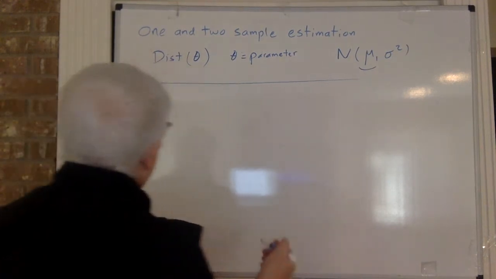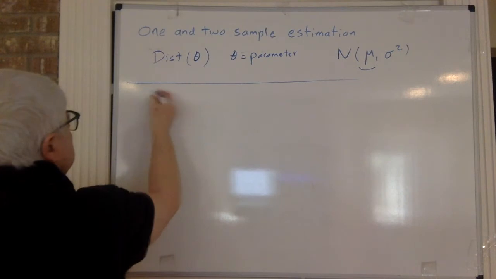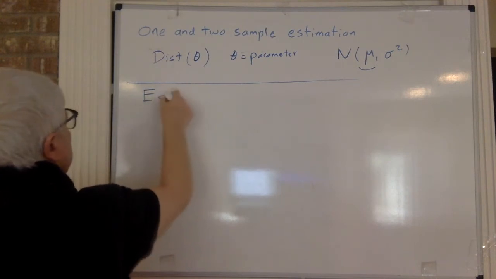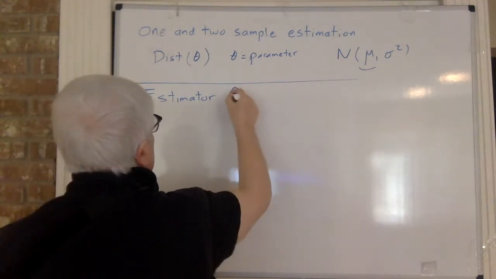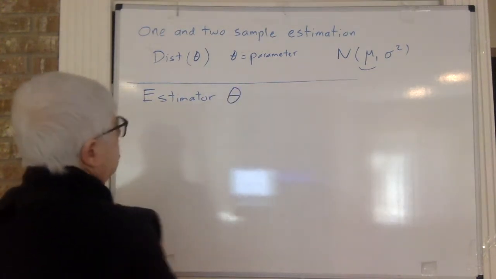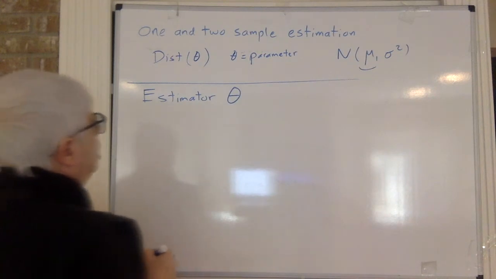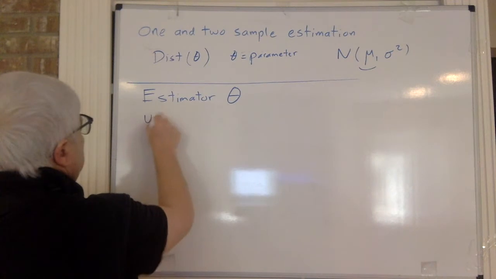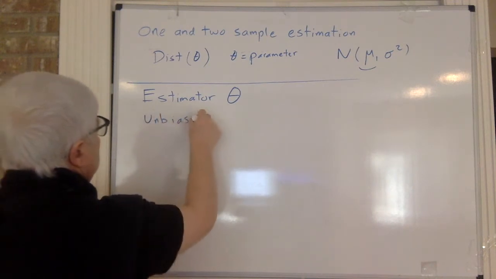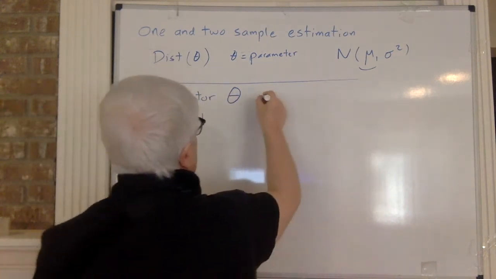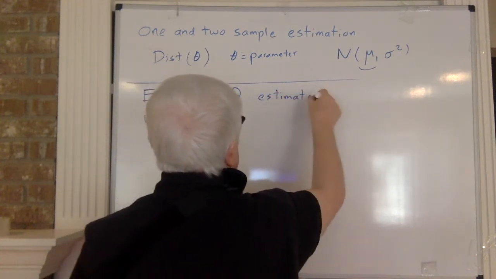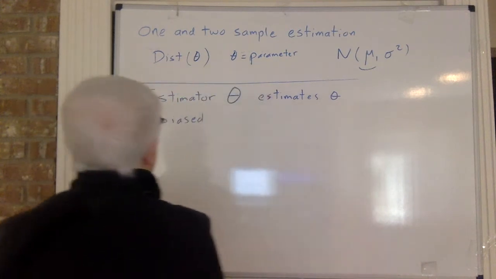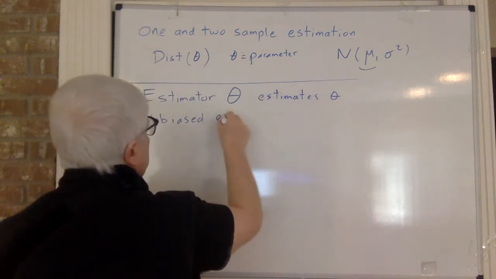Okay, so let's say we have an estimator. Let's call it big theta, capital theta or something. And we want this estimator to be unbiased. So this estimator theta estimates small theta. Unbiased estimator.